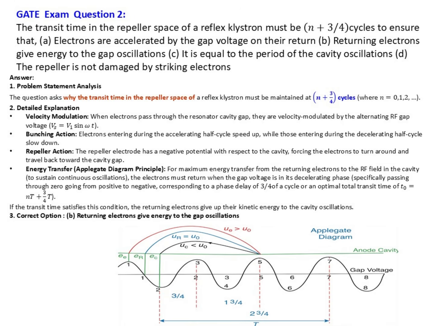For continuous oscillation, the bunch must return when the cavity field is retarding the electrons. At that instant, the electrons lose kinetic energy. That lost energy is transferred to the RF field in the cavity. Therefore, the correct physical statement is, returning electrons give energy to the gap oscillations. That is why the transit time or mode condition is so important.